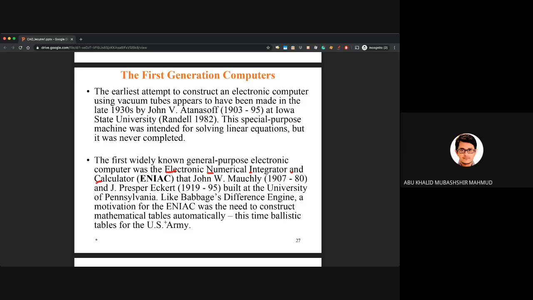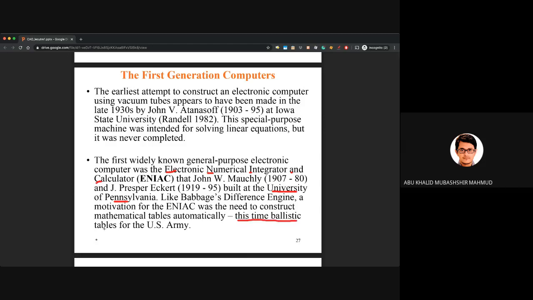It was built by John W. Mauchly and J. Presper Eckert at the University of Pennsylvania in the USA. Like Babbage's difference engine, a motivation for the ENIAC was the need to construct mathematical tables automatically, this time ballistic tables for the US Army.